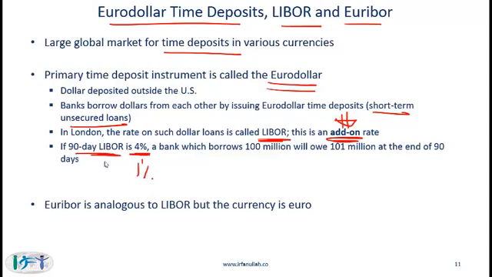So the rate for 90 days is 1%. A bank which borrows 100 million on day 0 will owe 101 million at the end of 90 days. Notice that the 1%, which is 1 million in this scenario, is added on to the principal of 100 million.